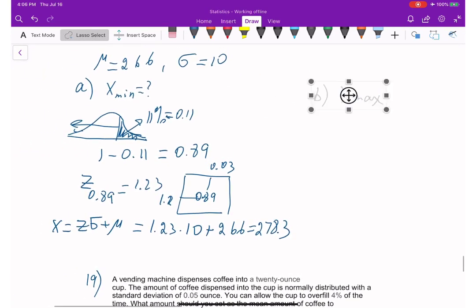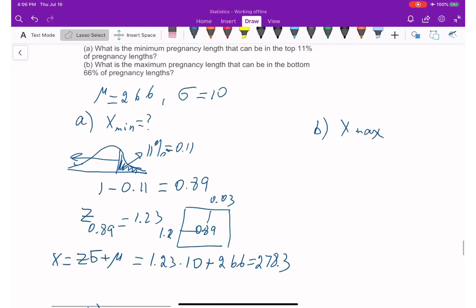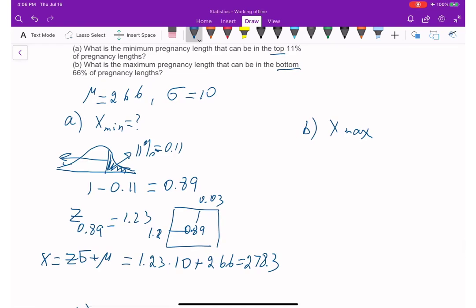Now let's do second one, X maximum. So this time we want bottom, right? Here was top, right tail. Here we are going to do bottom. So for the bottom, 0.66, it is going to be bottom, so this is your 0.66.